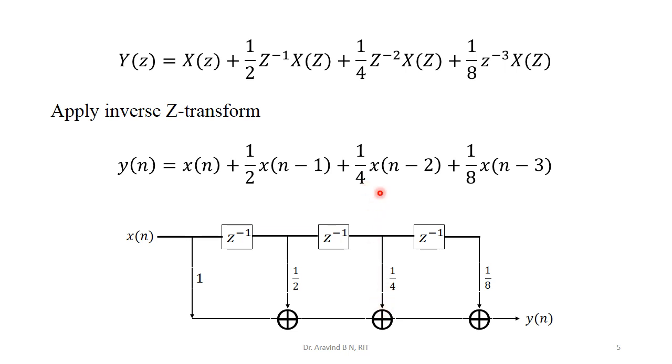So that is added with its predecessors. Then x of n minus 3 obtained. 1 by 8 we have taken over here, added with its previous representations. Totally the outcome is the y of n. So whatever the expression is present here, we have just realized that over the direct form 1 realization.